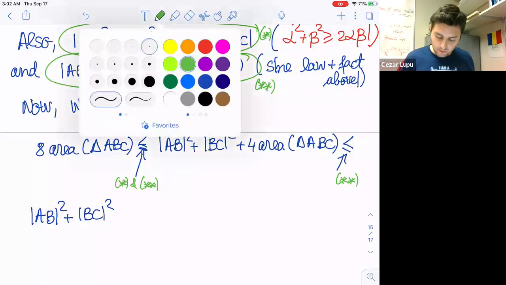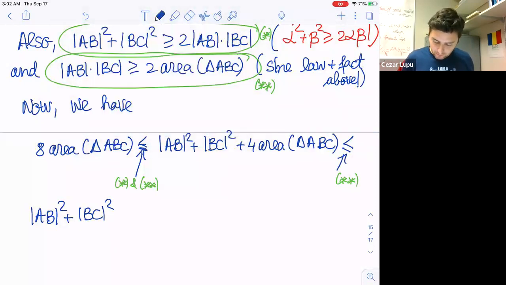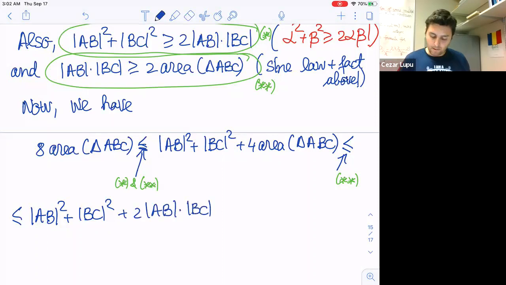So this will be less or equal than AB squared plus BC squared plus 2 AB times BC. Okay, beautiful. But this is nothing else than, as we know, AB plus BC, oh sorry, everything squared.